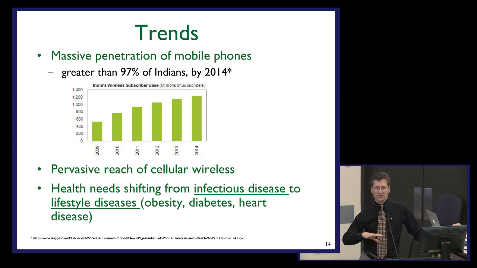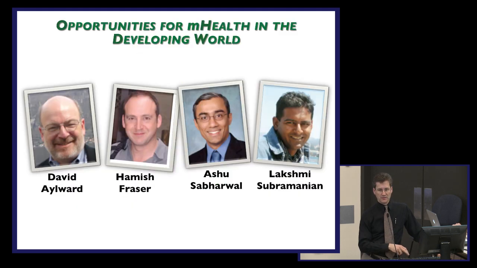But increasingly, as the societies develop, they are developing, unfortunately, many of the lifestyle diseases that we in the developed world have been experiencing for a while, seeing more obesity and the complications that come from that, like heart disease and diabetes and so forth. And there's actually a great concern that diabetes will be a major, major problem in places like India in the next 50 years. And so with that brief overview, certainly not comprehensive, I want to introduce the panel.